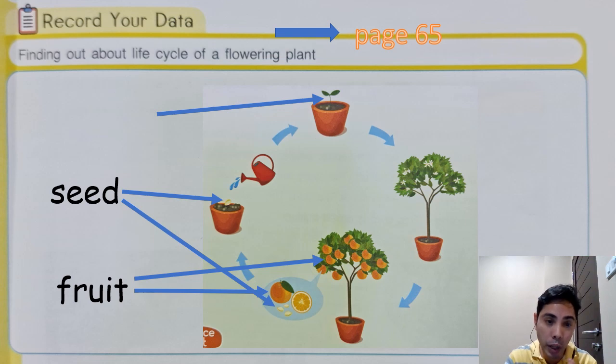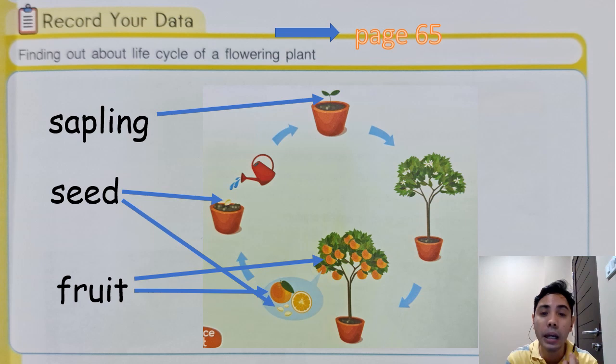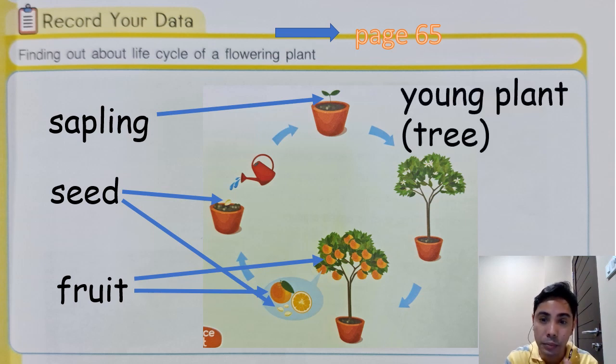It grows into a leaf and then turns into a baby plant, or we call sapling or seedling, and then it will grow into a young plant like this one, and after that the young plant will become an adult plant, a big plant. This picture is on page 70.